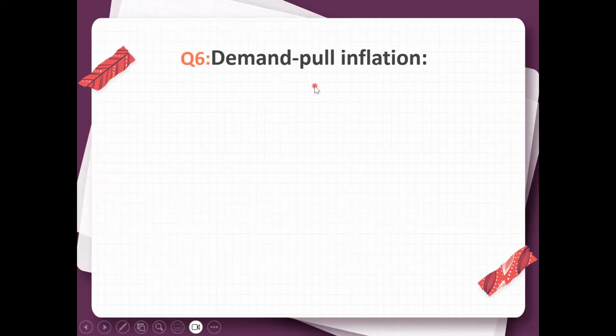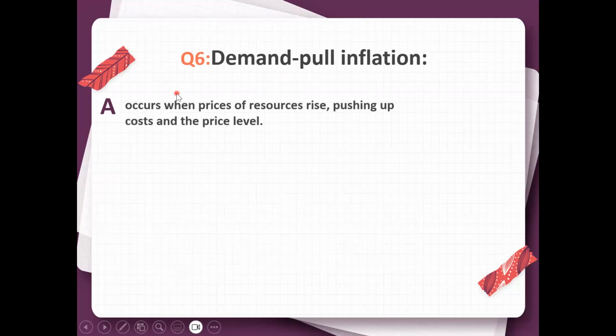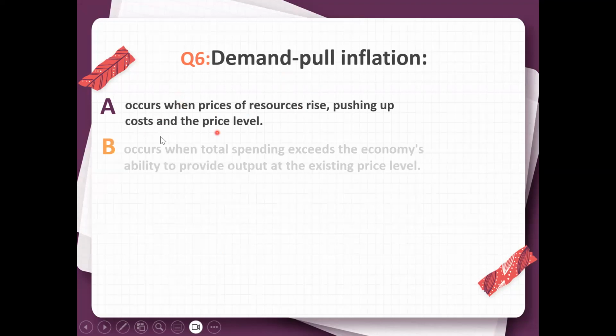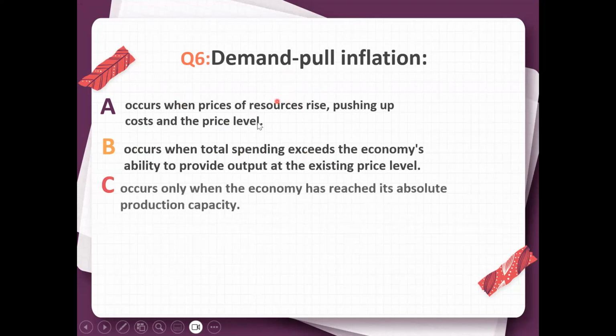Demand pull inflation occurs when total spending exceeds the economy's ability to provide output at the existing price level. The other options say it occurs when prices of resources rise, pushing up costs; that it occurs only when the economy has reached its absolute production capacity; or that it is also called push inflation.